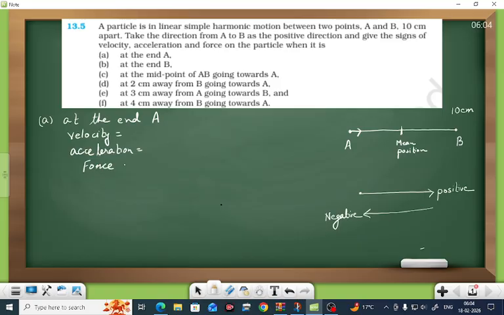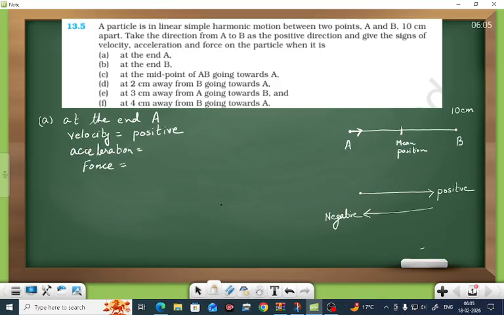So what you can find here is that when the object is at point A, the object tries to move to its mean position. That means it will go from left to right, and that is positive direction. So velocity will be in positive direction. So the sign of velocity will be positive, right?